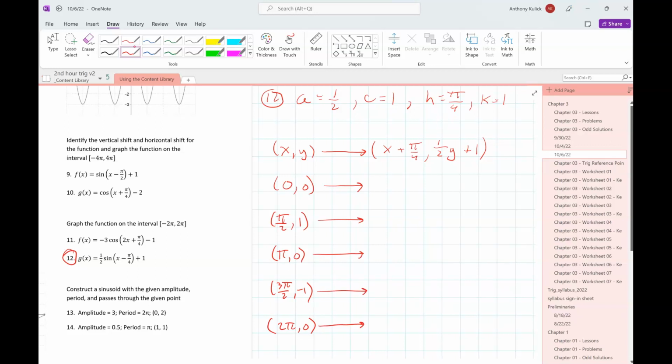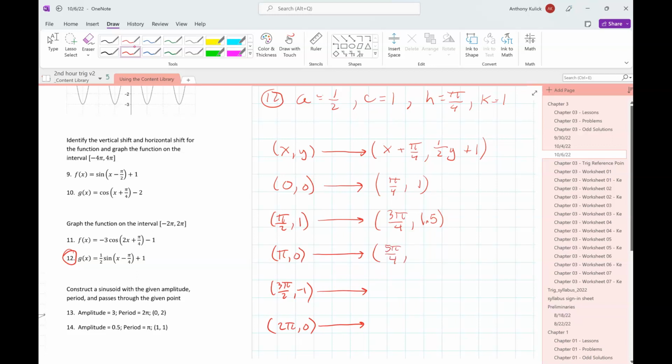So when I plug 0 in for x, I just get 0 plus pi over 4. And then 1/2 times 0 plus 1 is 1. And then pi over 2 plus pi over 4 is 3 pi over 4. And 1/2 times 1 plus 1 is 1.5. Pi plus pi over 4 is 5 pi over 4.